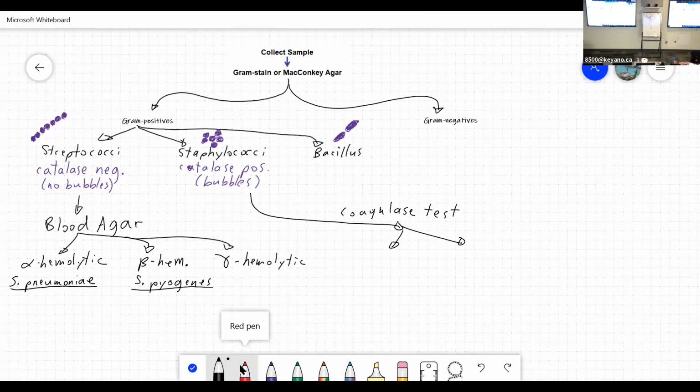So if you have clumping, we get Staphylococcus aureus, okay? So I'm not going to write a full name. And if you don't have clumping, you have Staphylococcus epidermidis. No clumping.